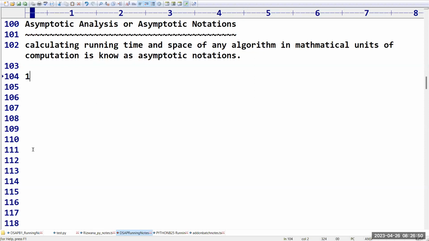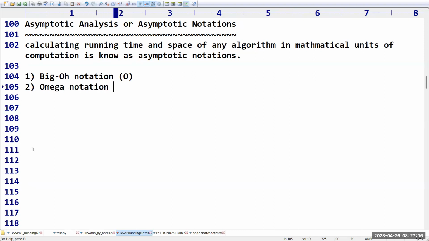There are three major notations. By using these three notations only, we are going to measure time and space complexities. The first one is big O notation, which we represent with a capital O. The second one is omega notation.